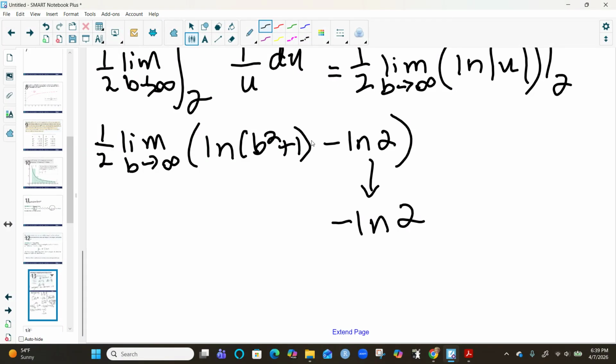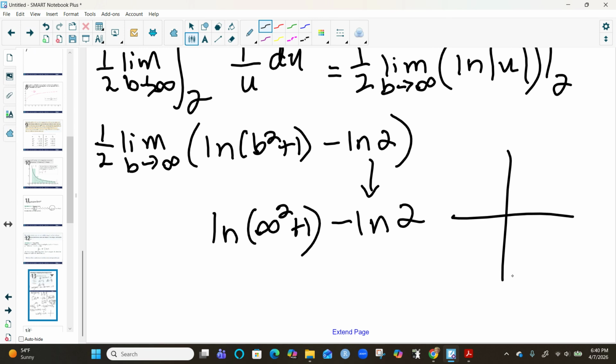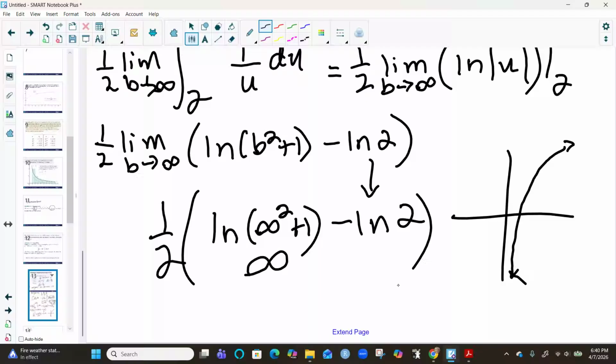Now what's going to happen here is, and this is kind of awkward, but I'm going to have infinity squared plus 1. And we have to think, what is the natural log doing? Right? What's going on with that? This is going to go to infinity. And then, you know, we got the 1/2 out here.